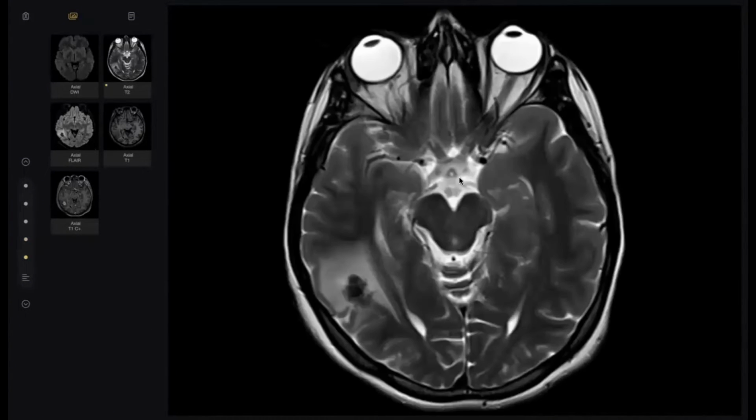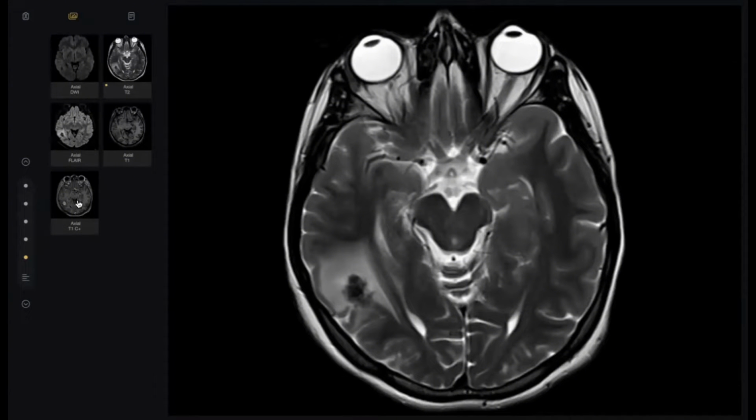Okay, look here, static image. Sir, it looks like a hemorrhagic focus with perilesional edema, and it is quite dense, black, like a cavernoma.